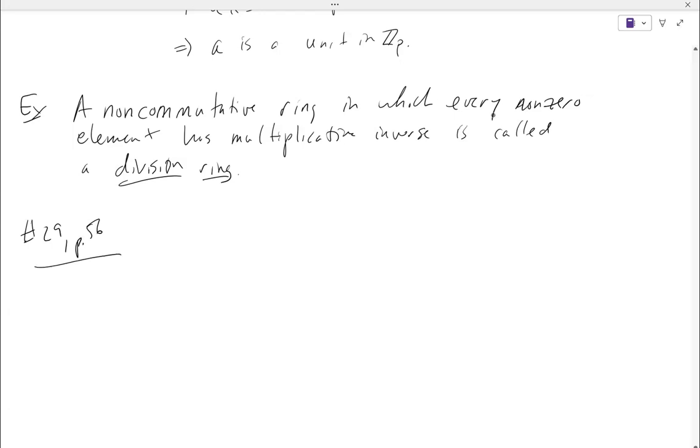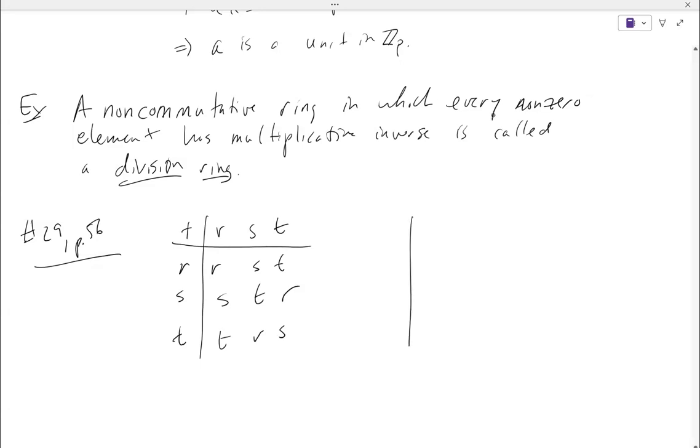They give you an addition table for a ring, and they give you a partially filled out multiplication table for the same ring.